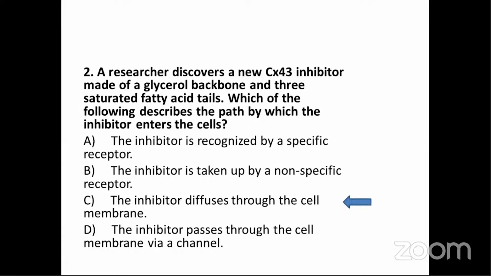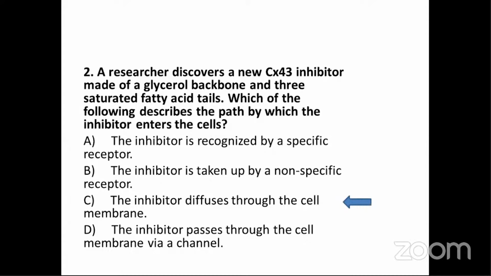Common lipids in our bodies include hormones like testosterone and cortisol. They go right through the membrane because the inside of the membrane is very hydrophobic. So something hydrophobic like a fat, triglyceride or hormone molecule can just go right through. That's why it's C.